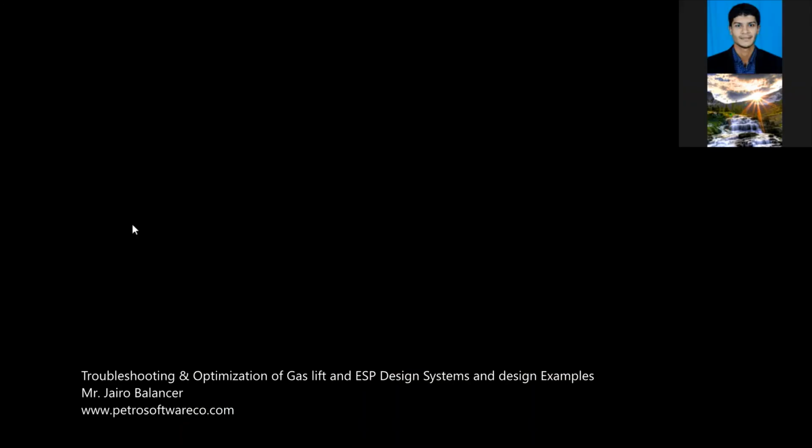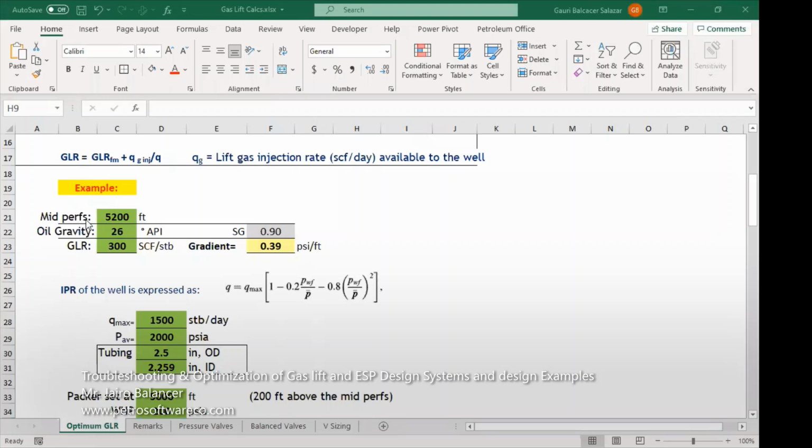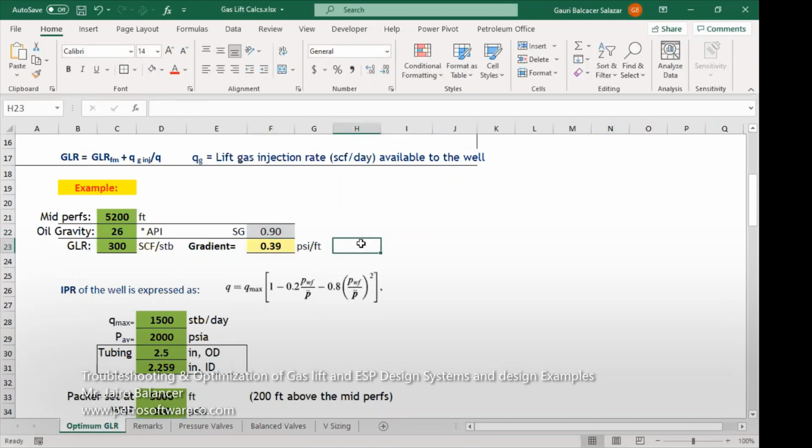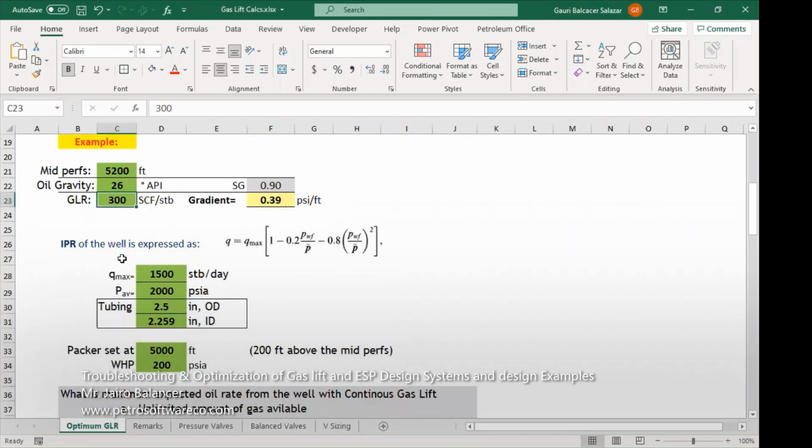Okay, the example: we have a well with mid perforations at 5,200 feet, oil gravity 26, which is equivalent to 0.9. Here I have the conversion based on the oil gravity, and based on that we have the gradient of that fluid in psi, and we have a gas lift ratio of 300 standard cubic feet per stock tank barrel.